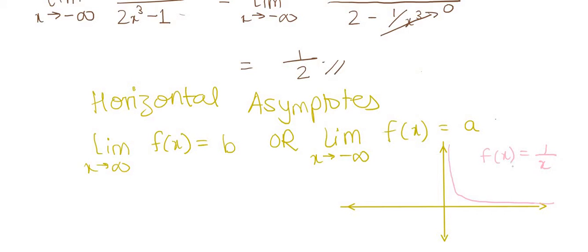So this function has a horizontal asymptote. Well, I've just drawn this broken line to show the line of the horizontal asymptote.